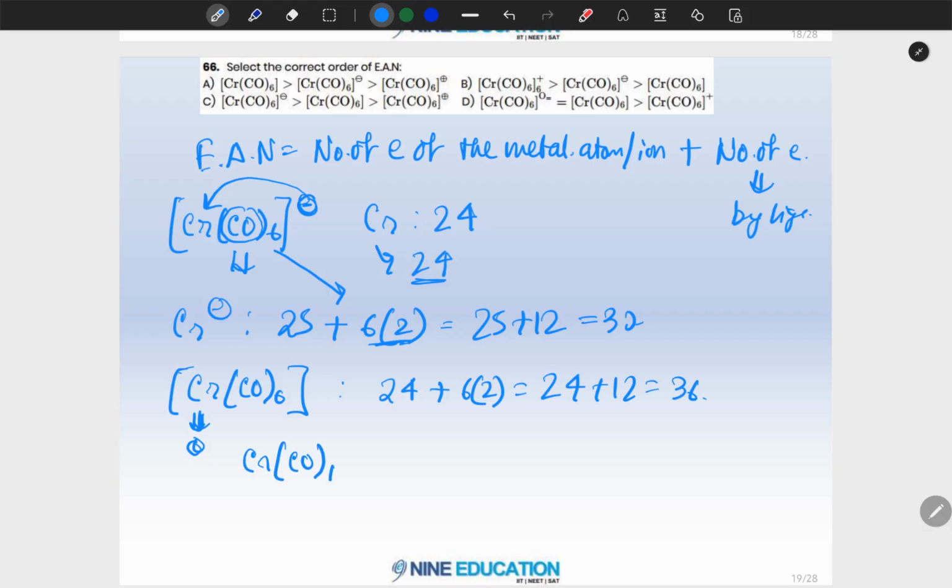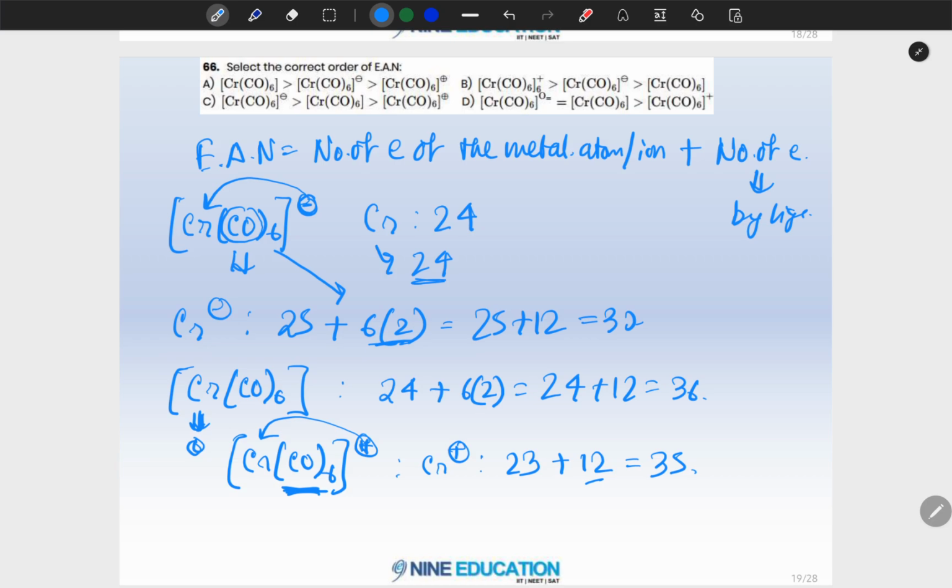Consider the next complex, [Cr(CO)6]+. In this case, the positive charge will be present on chromium because carbonyl is a neutral ligand. If chromium has the positive charge, how many electrons are present in Cr+? 23 electrons. The remaining 12 electrons will be contributed by the 6 ligands. So what is the value of effective atomic number? That is 35.